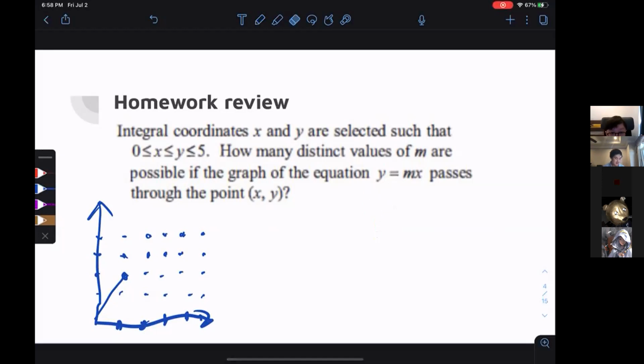All right, so knowing that, we also know that x is less than or equal to y is less than or equal to 5. So this fraction must be expressible with a numerator that's less than or equal to 5 over a denominator that's less than or equal to 5. And furthermore, you're also given that x is less than or equal to y. So that means y over x is greater than or equal to 1.